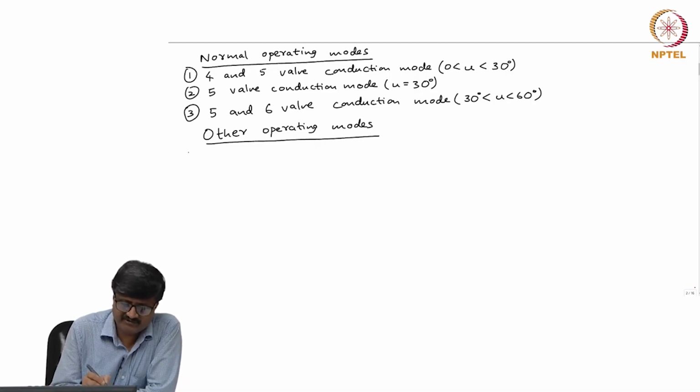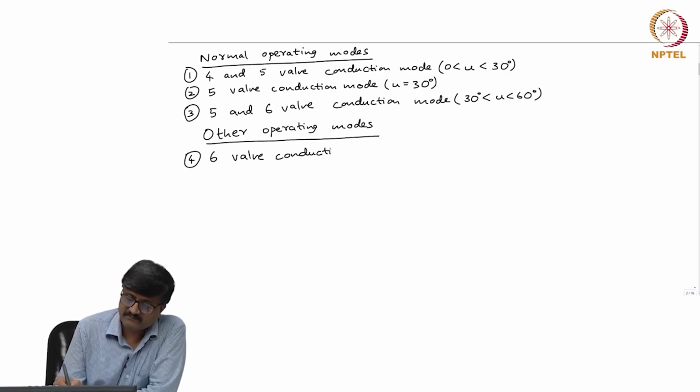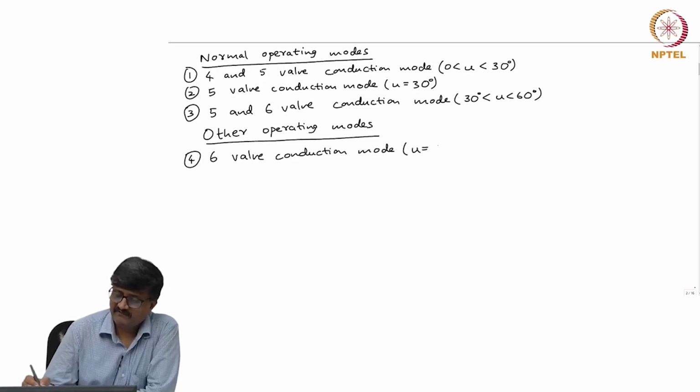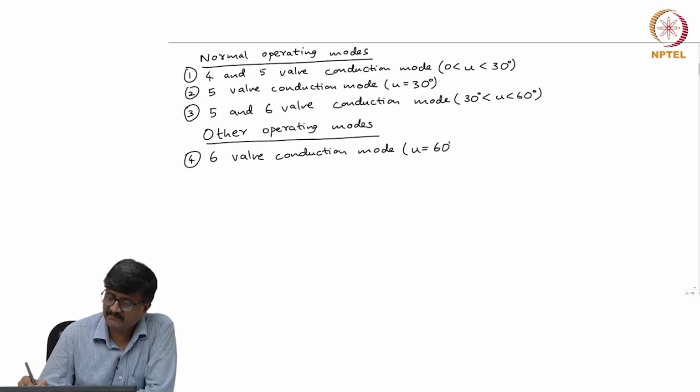So, the other operating modes are: if I have both the 6 pulse converters operating in 3 valve conduction mode, then what I get is 6 valve conduction mode for the 12 pulse converter. So, this is applicable if u is 60 degrees.